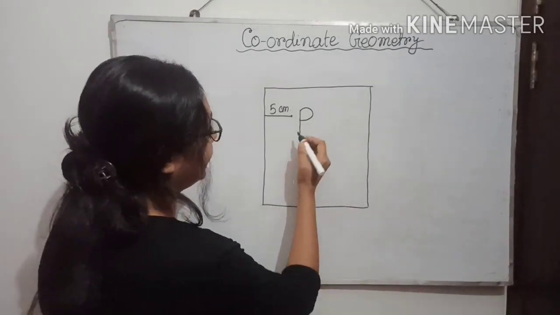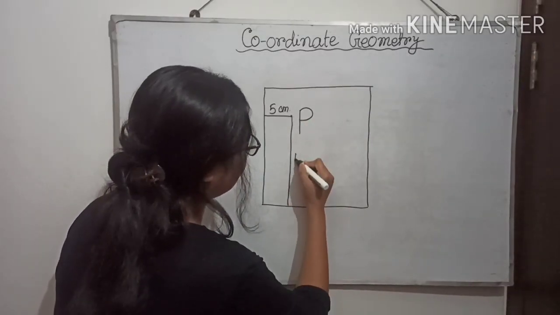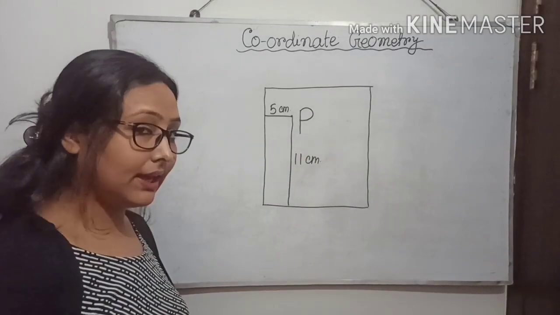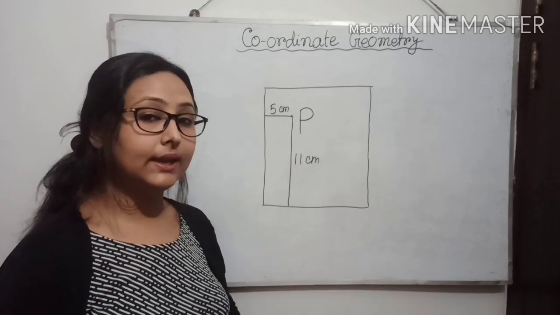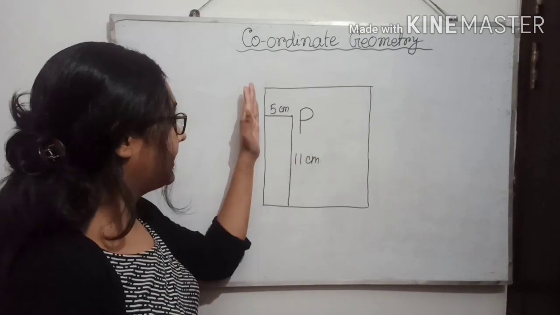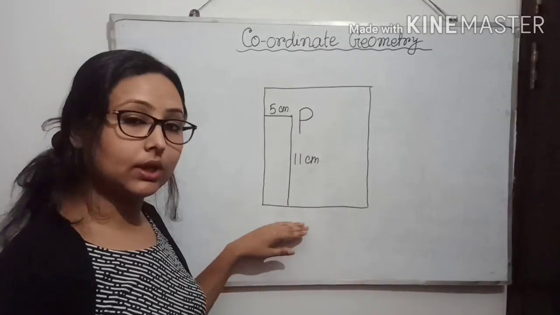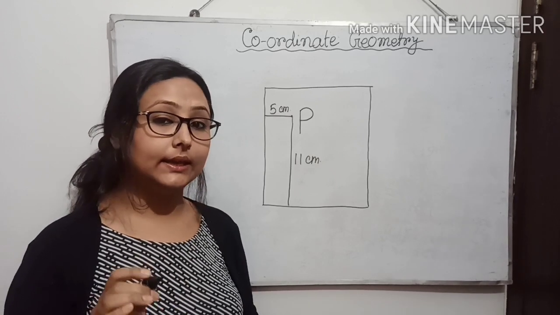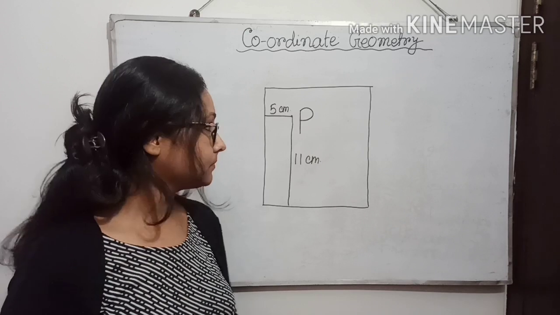But if you say that the point is also 11 cm away from the bottom line of the paper, then it makes sense. So to locate a point we need two independent lines. One is the left edge of the paper and the other is the bottom line of the paper. In other words, to locate a point in a plane we require two independent pieces of information.